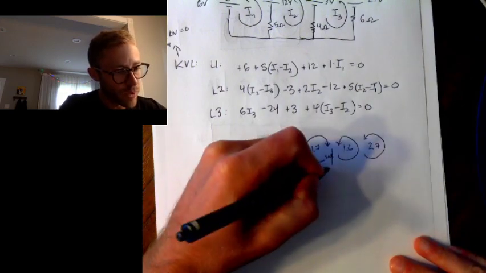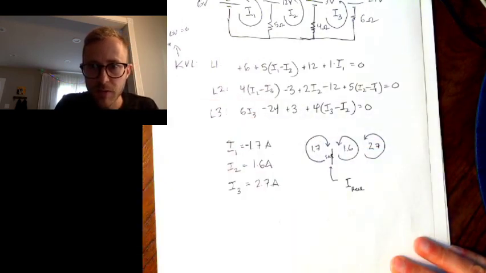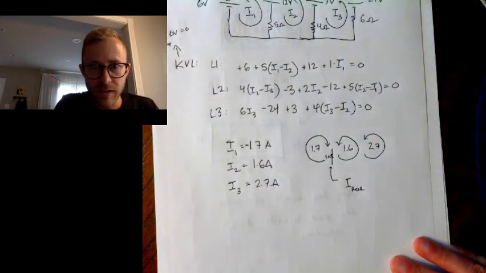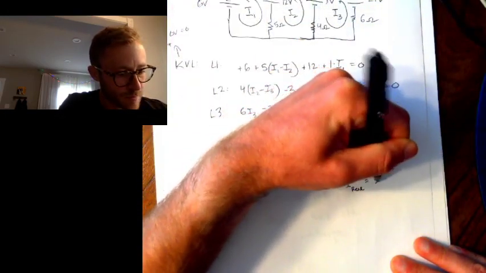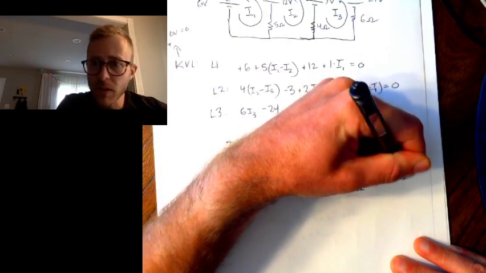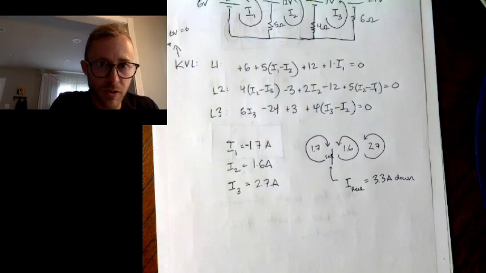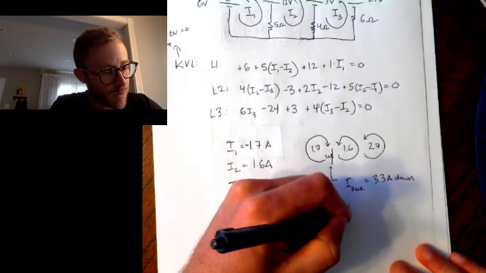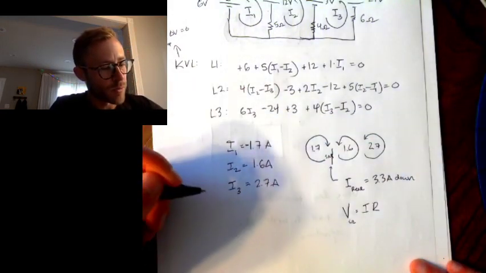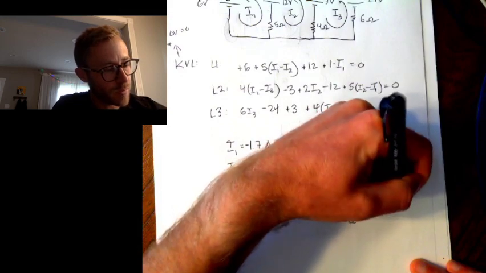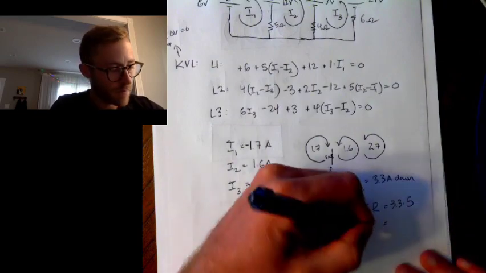And so the real current that 5 ohm resistor is going to get is, what is that? 3.3 amps down. So if we wanted to know the voltage drop across the 5 ohm resistor, it would be I times R, which would be 3.3 times 5, which would be 16.5 volts.